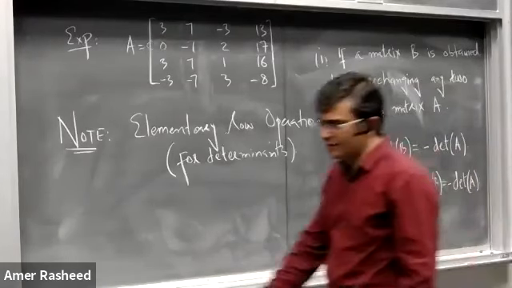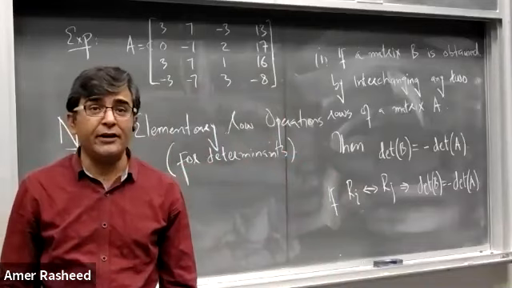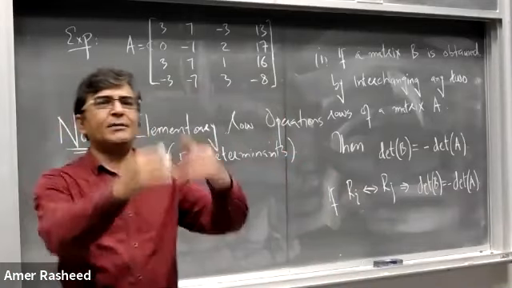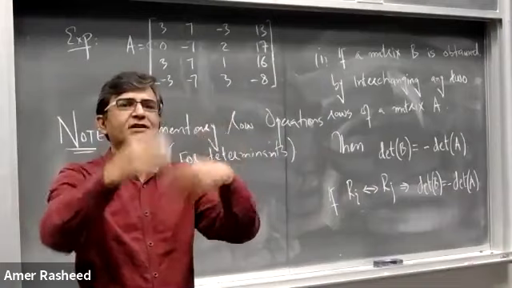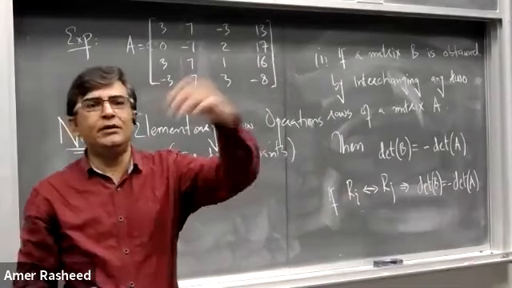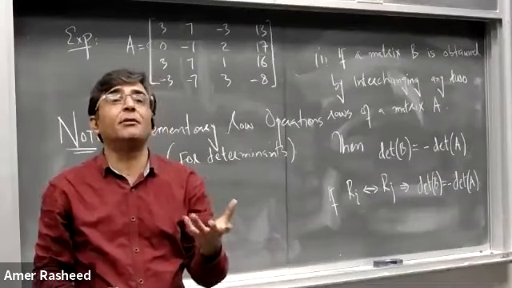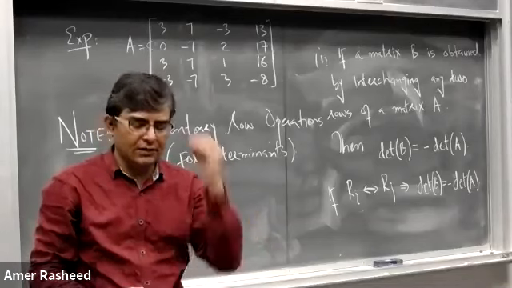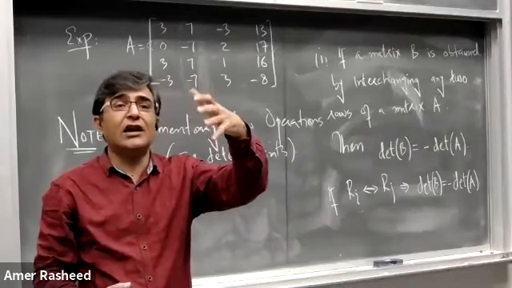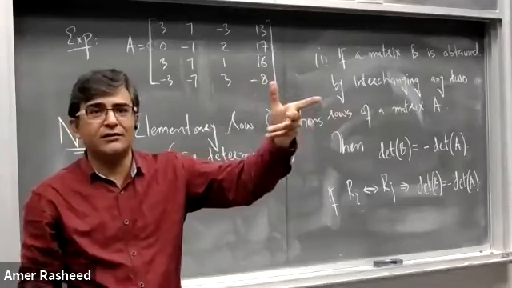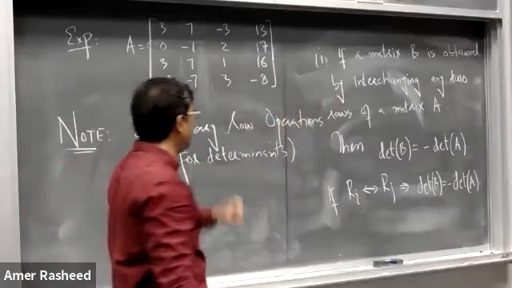This is the first elementary row operation for determinants. अगर आप किसी भी डिटर्मिनेंट में कोई सी दो रो को इंटरचेंज करते हैं तो जो रिजल्टिंग डिटर्मिनेंट होगा या जो भी डिटर्मिनेंट होगा उसका साइन क्या होगा? चेंज होगा, नेगेटिव लग जाएगा बाहर.